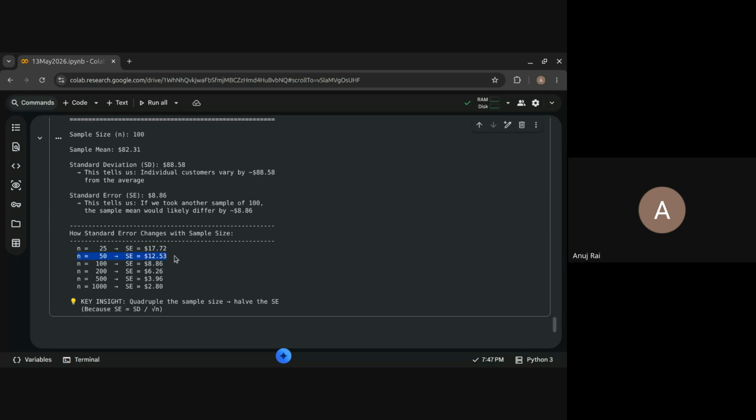If you keep it at 50, it is around 12. But after doubling the sample size, the difference is very negligible. Although yes, going from 50 to 200, of course, there is a huge difference, but the cost of increasing the sample size from 50 to 200 is much higher.